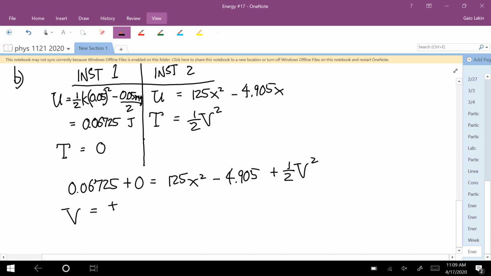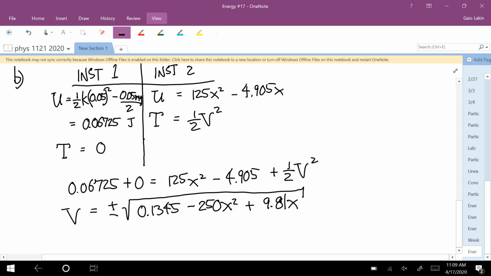Solve for v, and you get the square root of the quantity 0.1345 minus 250 x squared plus 9.81 x. This is all in square roots. And so now you can enter in the length of the spring compared to its resting length, and this will tell you what the speed is at that instant.